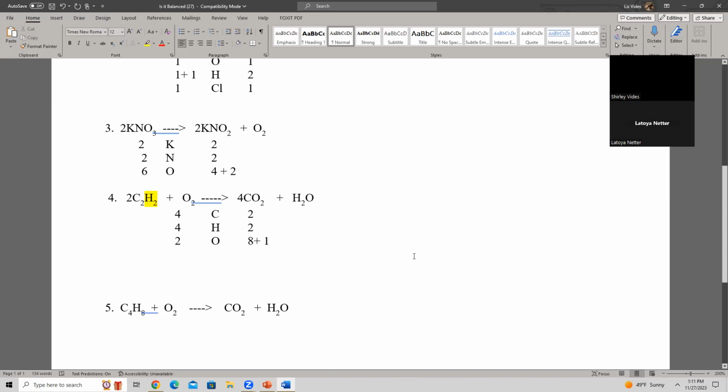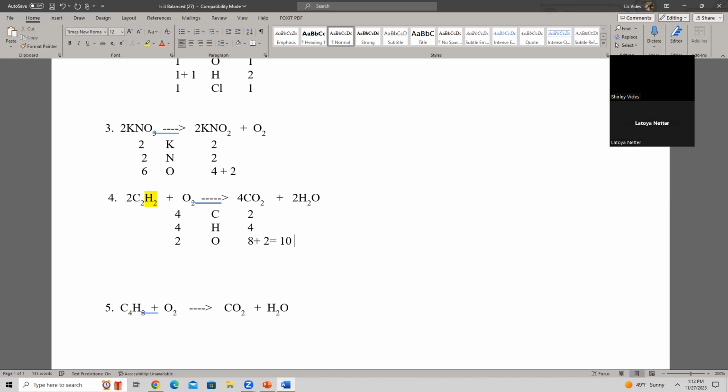Now we have 4 hydrogens. Here we have 2, so we know we need to put a 2 in front of that one. That changes to 4, and this 2 times 1 changes to 2. That equals 10, sorry.